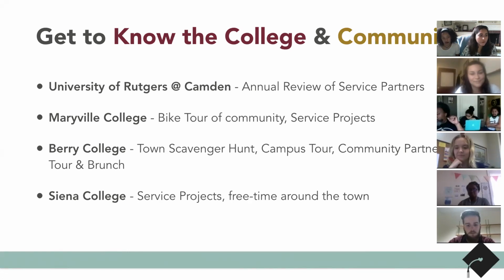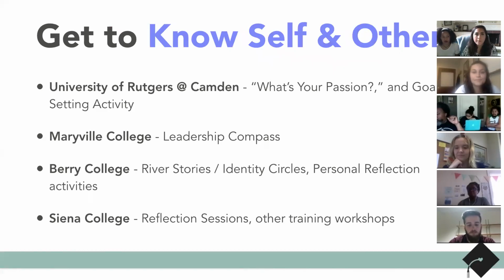Okay, so the next element, getting to know yourself and others. This is where you have a lot of creative range within your orientation schedule and planning. At Rutgers in Camden, they have a session where they discover what everyone's passions are and delve into self-reflection about what drives you as a person and what drives your service.